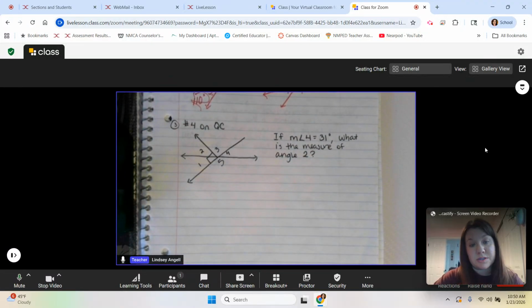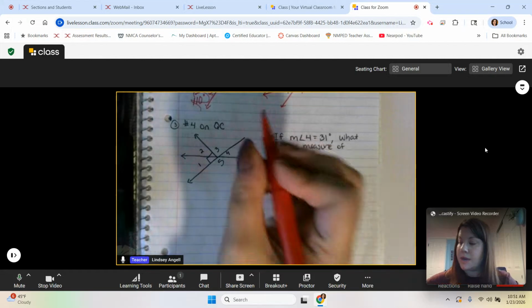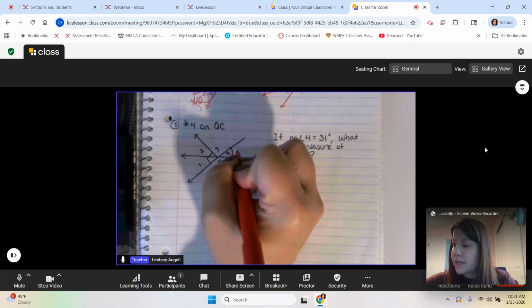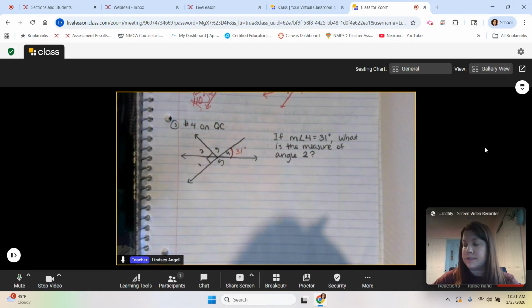Number 3, which is also number 4 on your quick check. If the measure of angle 4 equals 31 degrees, what is the measure of angle 2? Let's see here. Angle 4, we know, is 31 degrees.